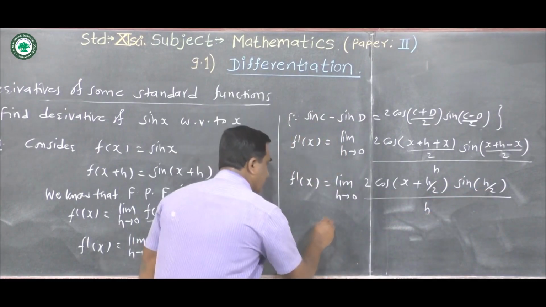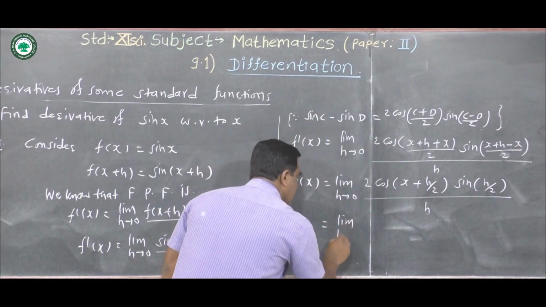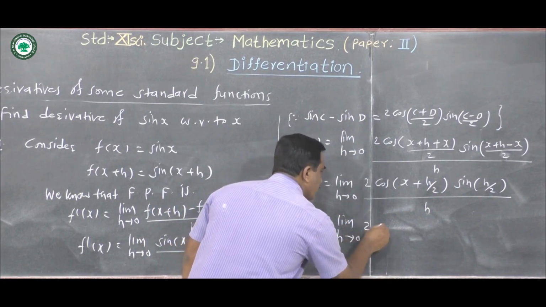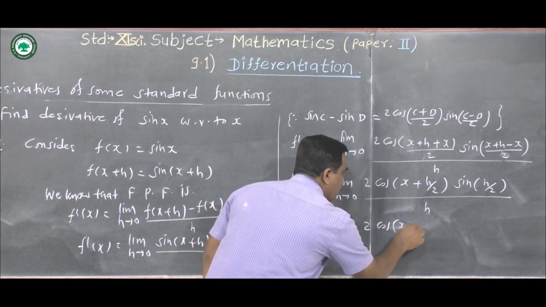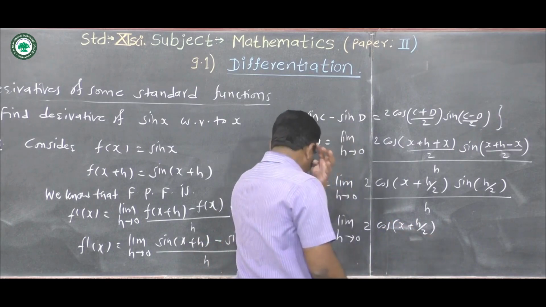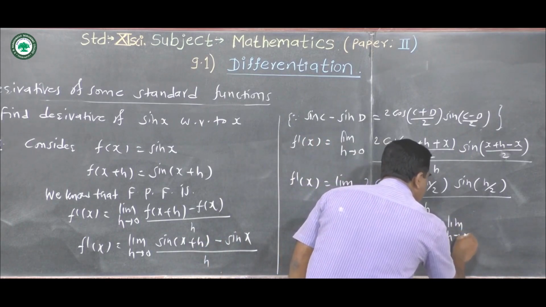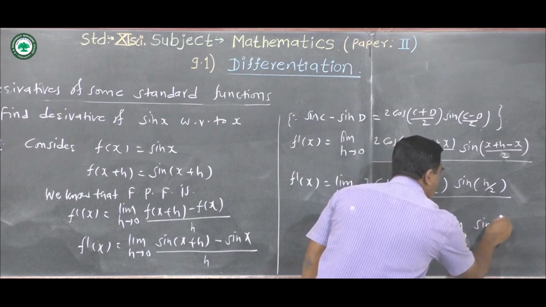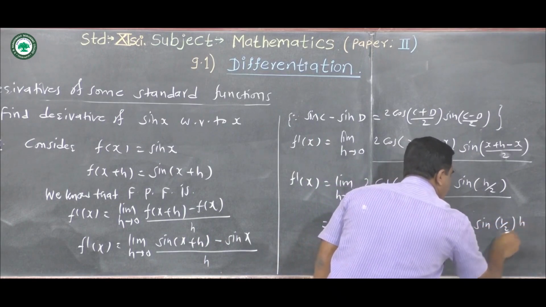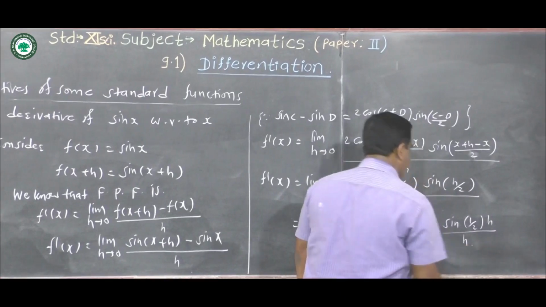That is, we can write here limit h tends to 0 2 into cos of x plus h by 2 into limit h tends to 0 sin of 1 by 2 into h upon h.